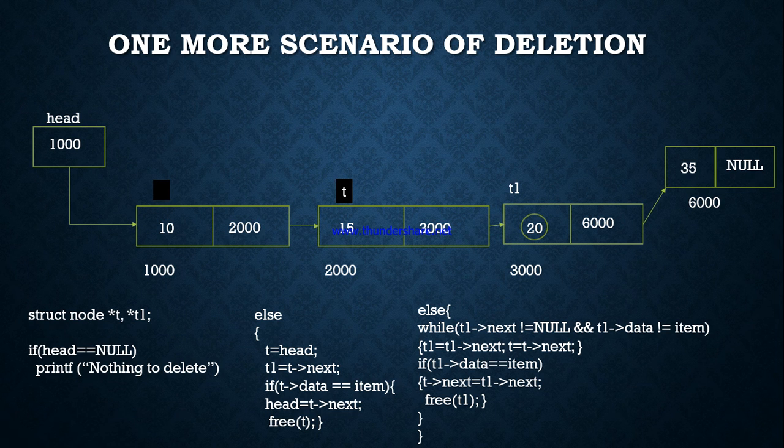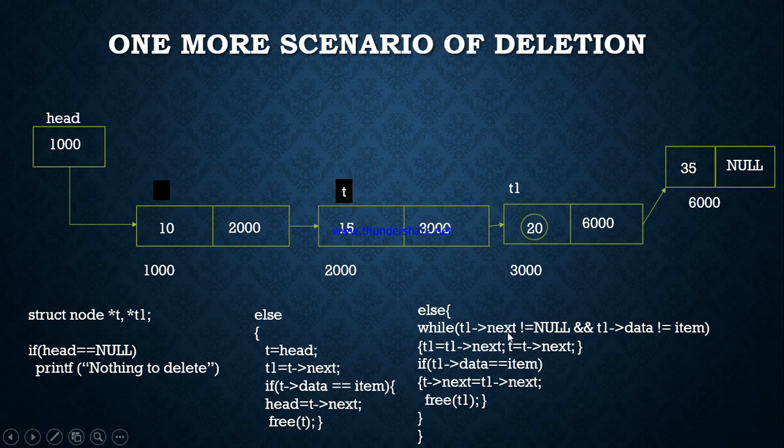And T equal T of next. T was 1000 and it will go here to 2000. So T now points to memory location 2000 and T1 points to memory location 3000. Again we will check this while loop.